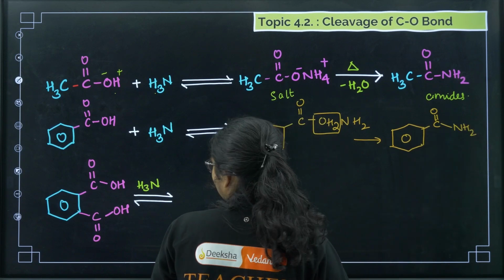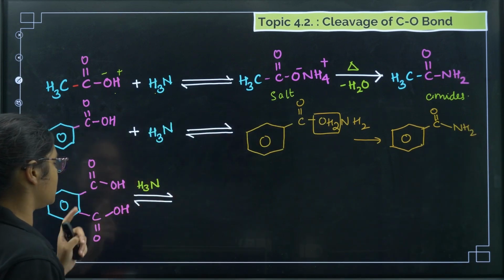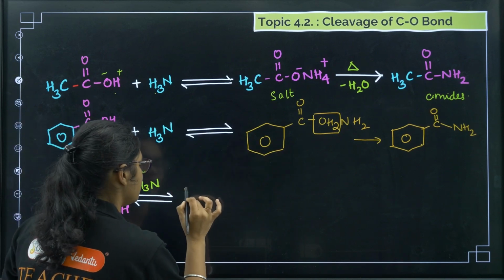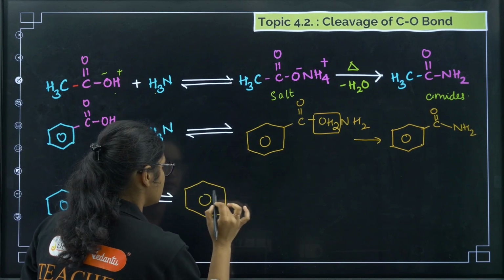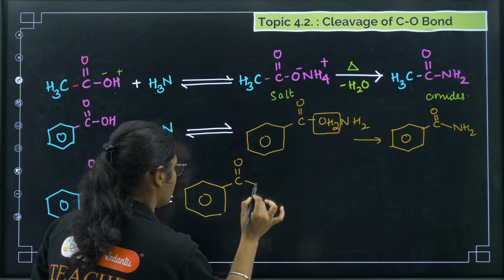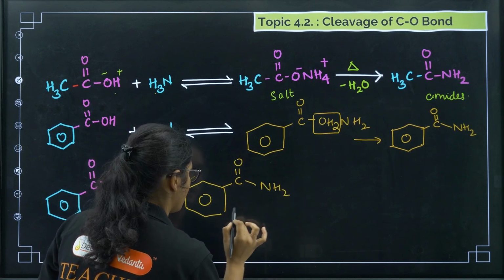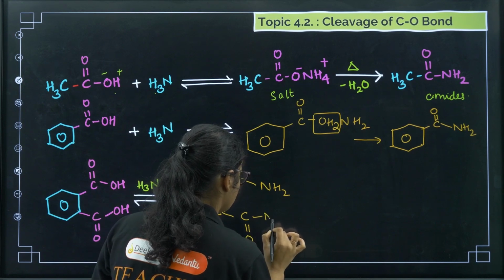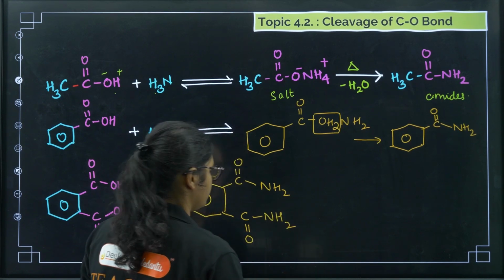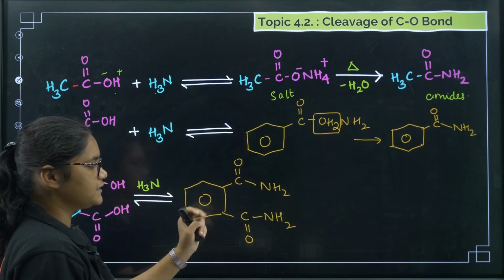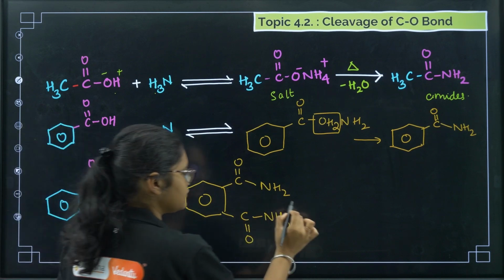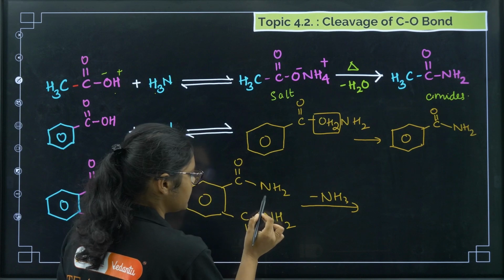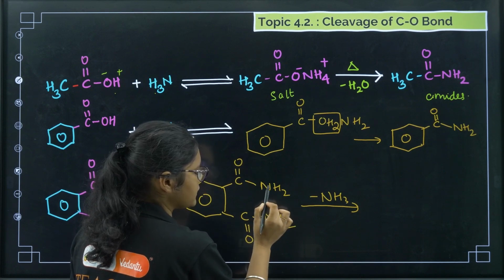Okay. Next, coming to this very important one. So here first what happens? You will get this after the first step. We will get C double bond O NH2 and C double bond O NH2, right? Now here there is a removal of ammonia, removal of NH3.